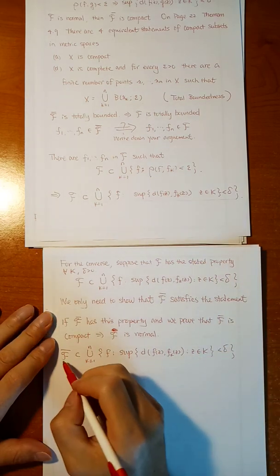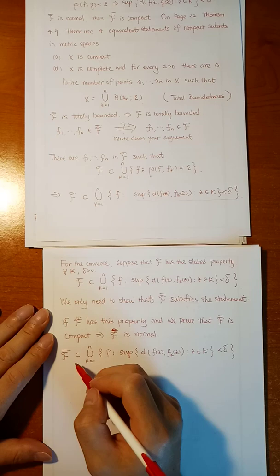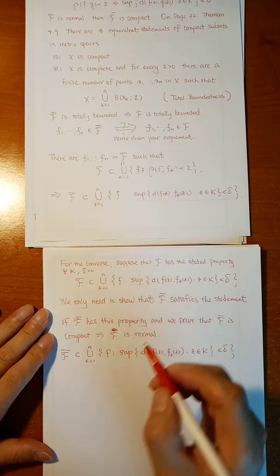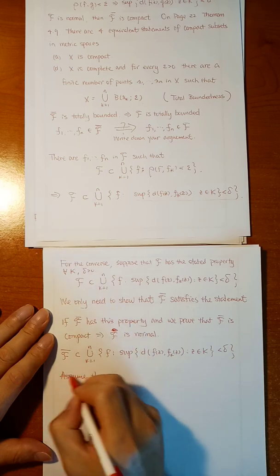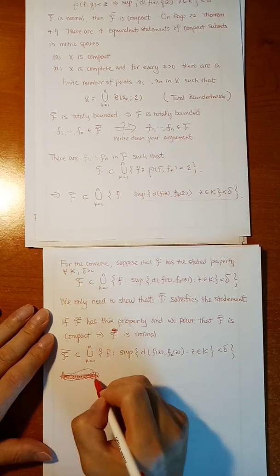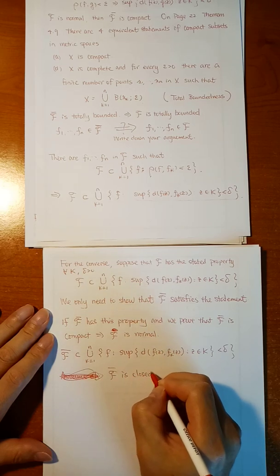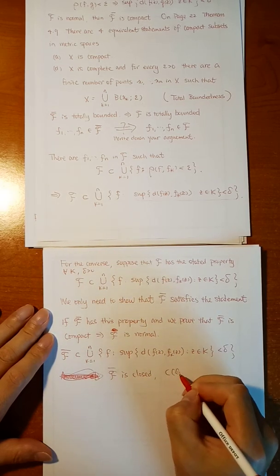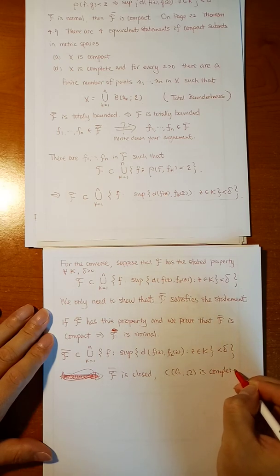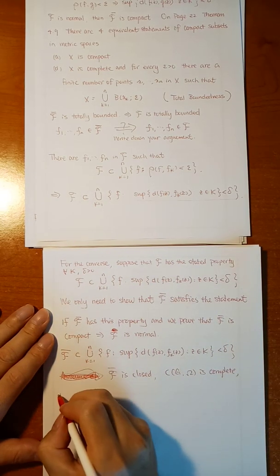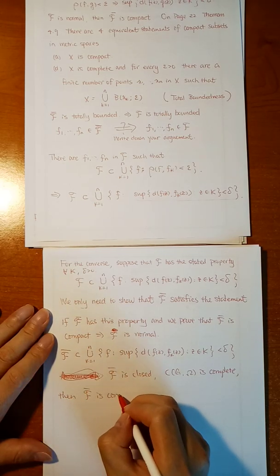So now we will just talk about F bar. To talk about F bar, we mean F is closed. So assume F is closed. We don't assume it. Let's not assume it. So F bar is closed. C(K, Omega) is complete. Then F bar is complete.